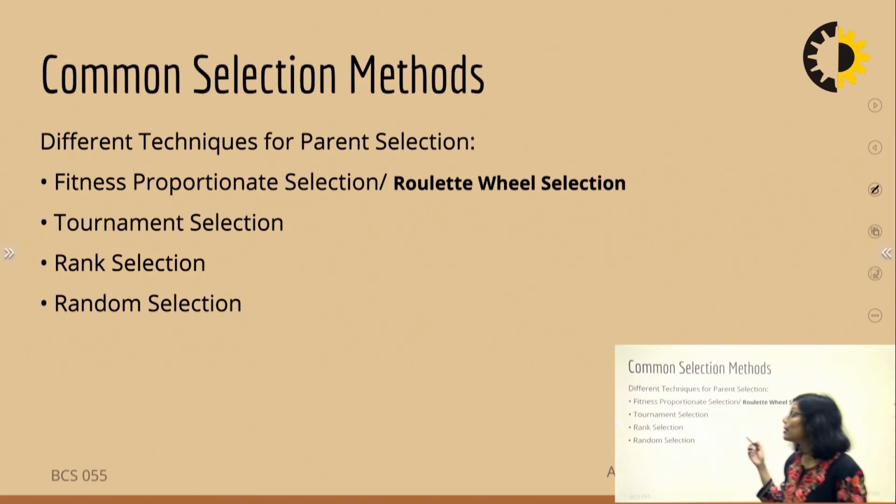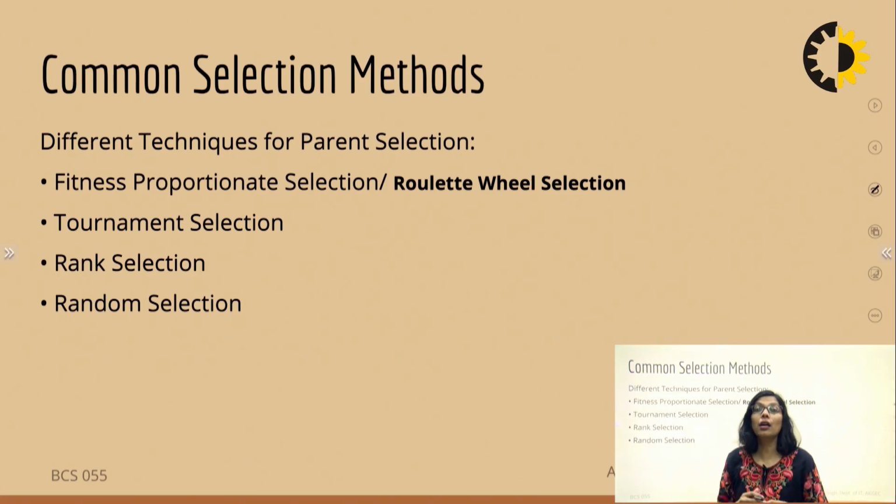There are various methods by which I select the parents, and for that I have these four techniques: fitness proportionate selection, tournament selection, rank selection, and random selection.